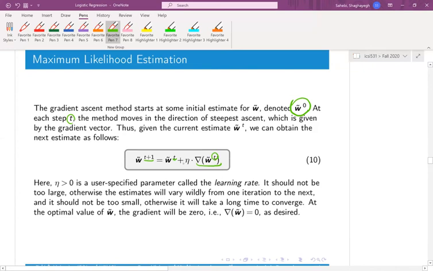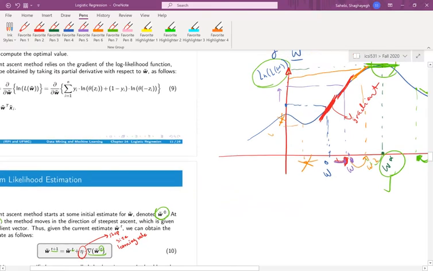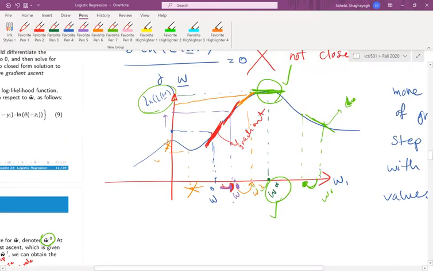And also we have this step size or learning rate to tell us how big of a jump we should take. So for example, here, moving from W0 to W1, I do calculate the gradient.